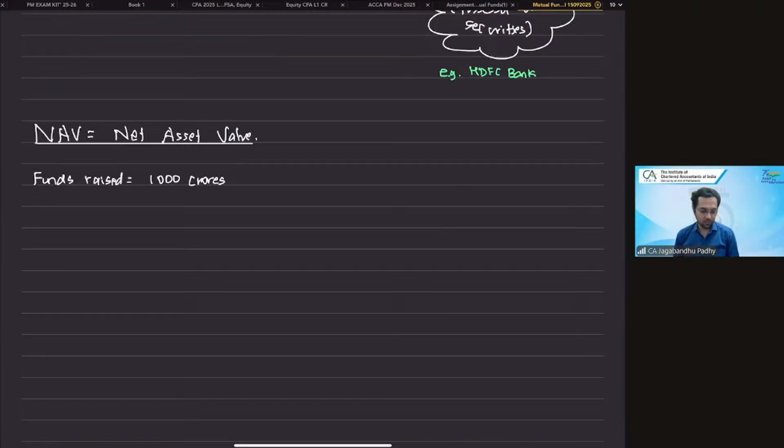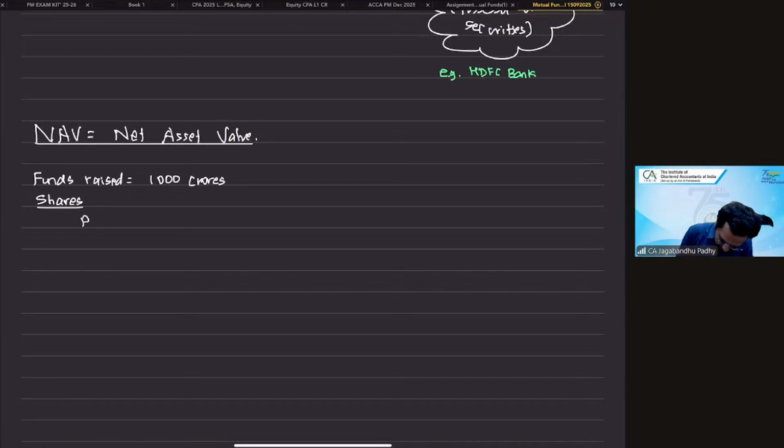Now, out of the funds which we have raised, we are definitely going to invest into multiple areas. So where are we going to invest? We bought certain shares and we have a certain amount of cash also.